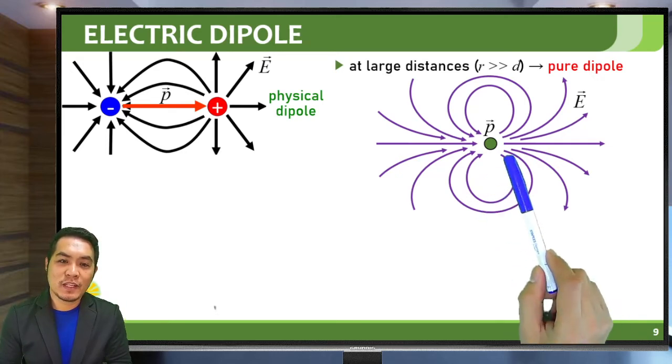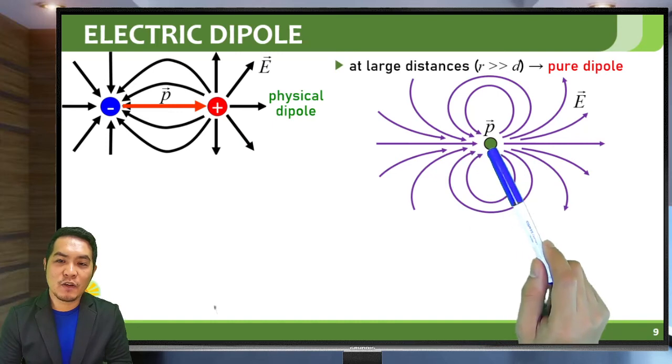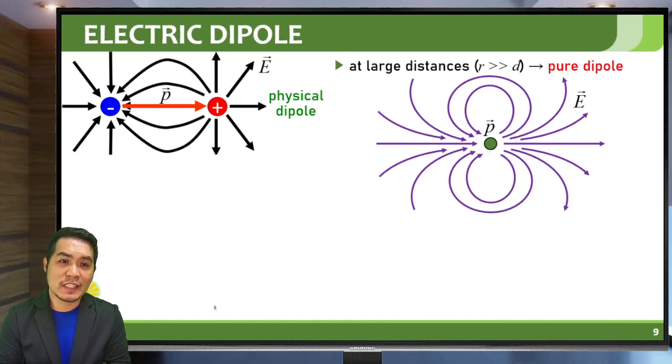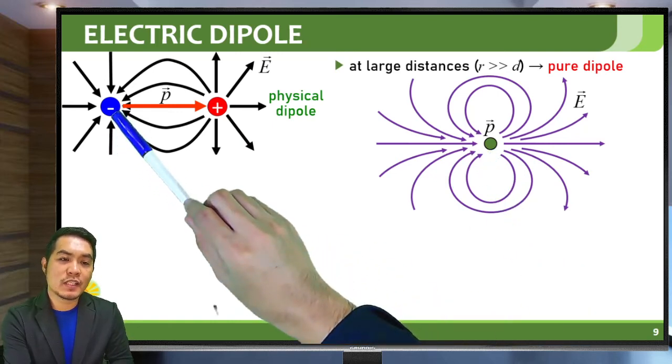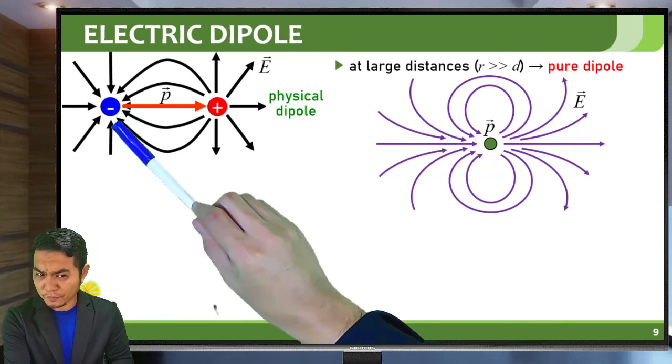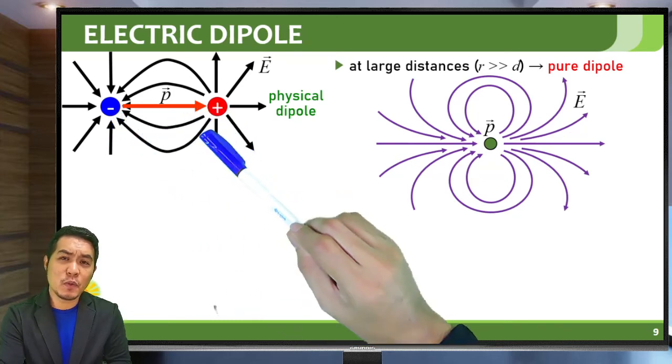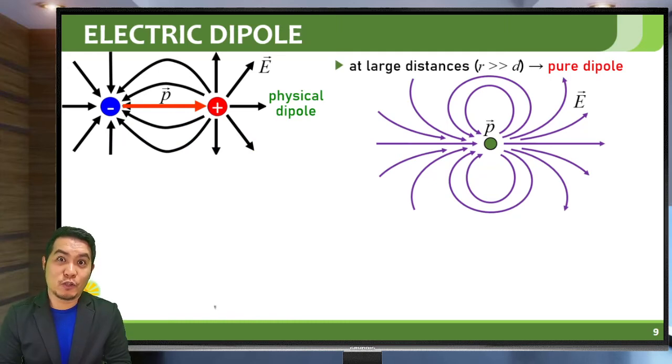Take note that even though this is a composition of 2 point charges, if you look at 2 points from a very far distance, even if it's 3 points or 4 points or 5 points, or even if it's a quadrupole or an octupole, if you look at a very far distance, it will just look like one single point.